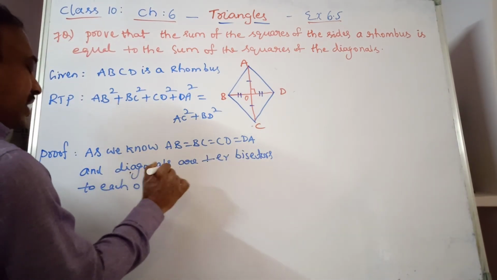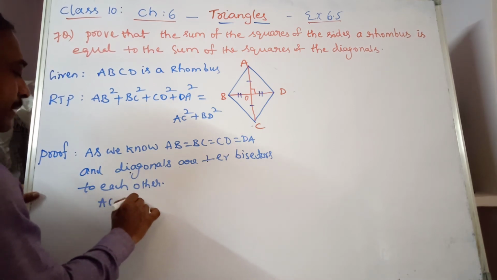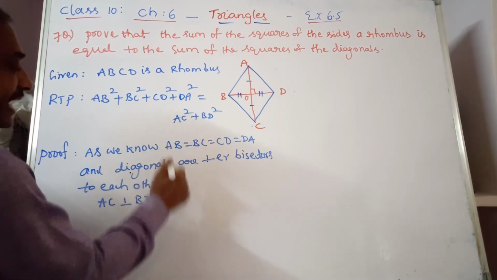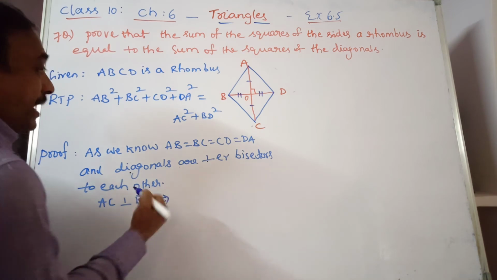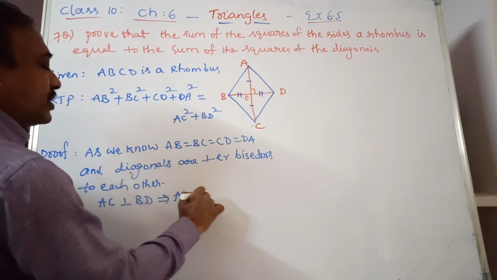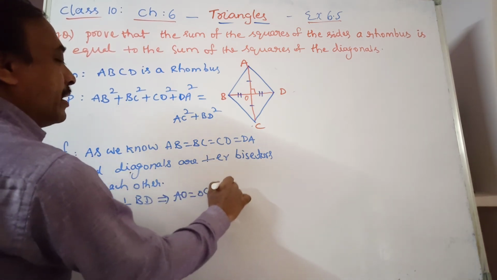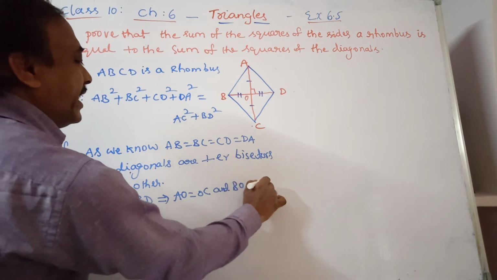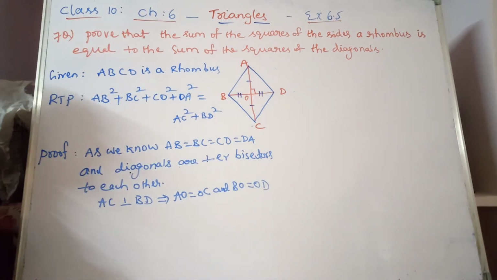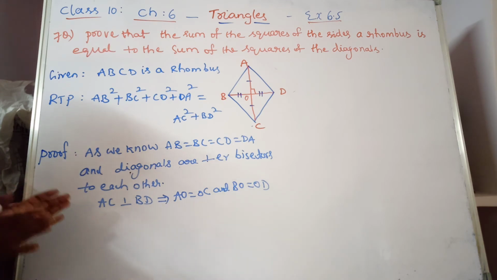The meaning is what? AC is perpendicular to BD, where they are meeting, which implies AO is equal to OC and BO is equal to OD. Observe it. This property we learned in the earlier classes and in class 9th also.